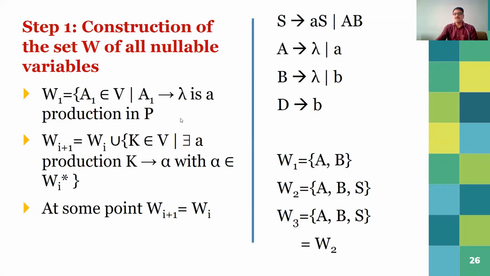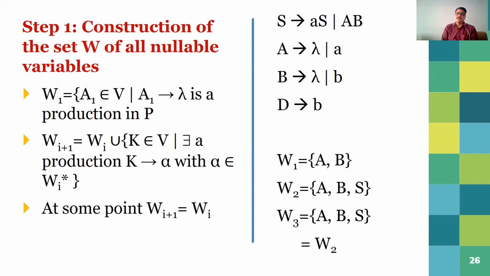So W1 is equal to A1 that belongs to the variables where A1 goes to null, meaning we just write all the variables that are producing null. So W1 is just the collection of all the variables that are producing null.